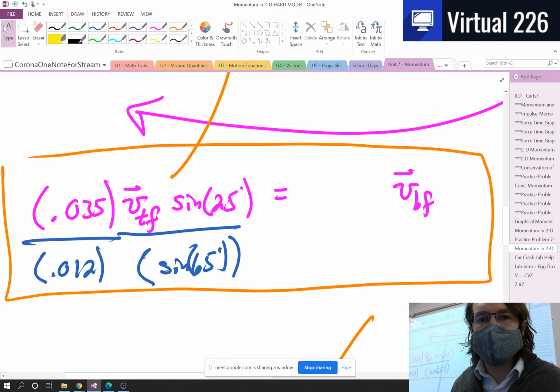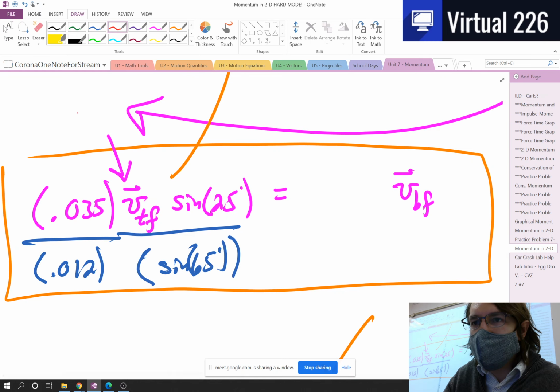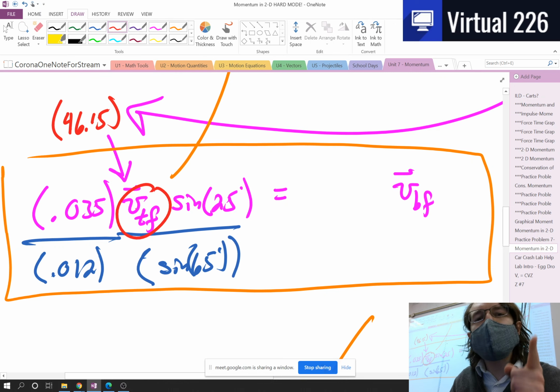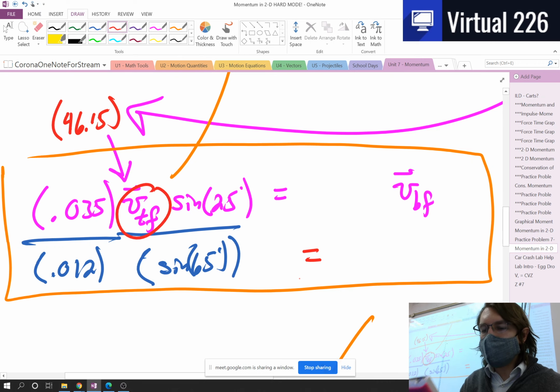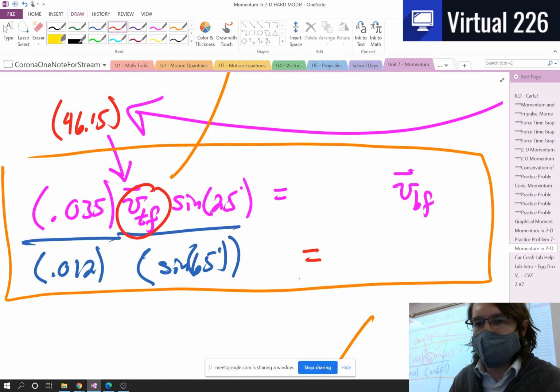It's this equation. Except now, you know that the tin cup had a final velocity of 46.15. So you already did the work in order to solve this. You just need to go back up and put in all the numbers. So if we go ahead and do that now, 0.035 times 46.15, I get 1.61525, whatever, times the sine of 25 gives me 0.6826.